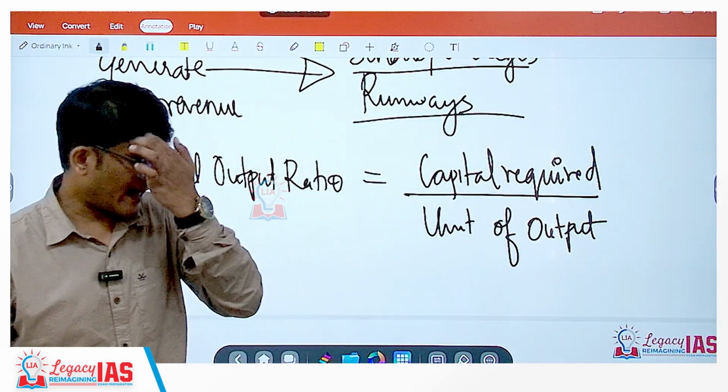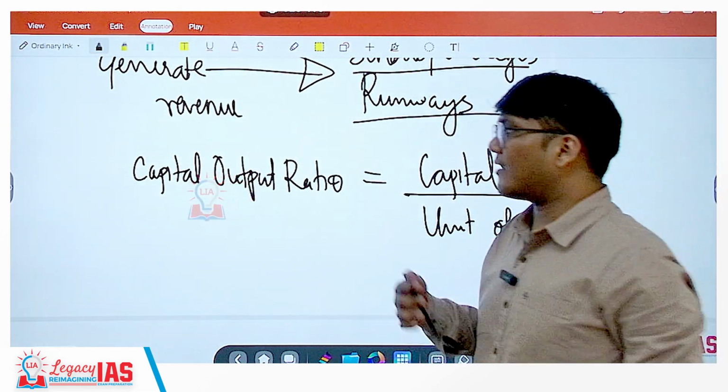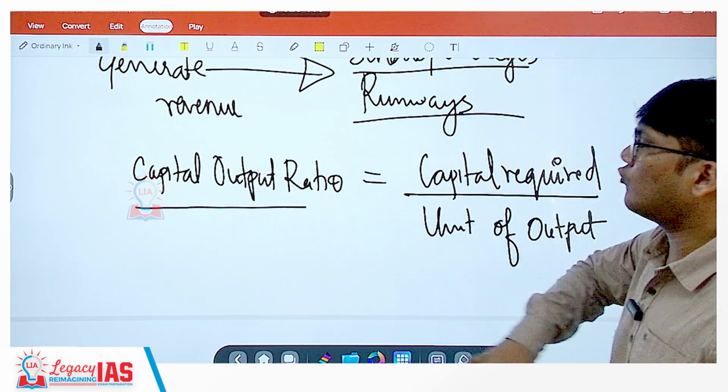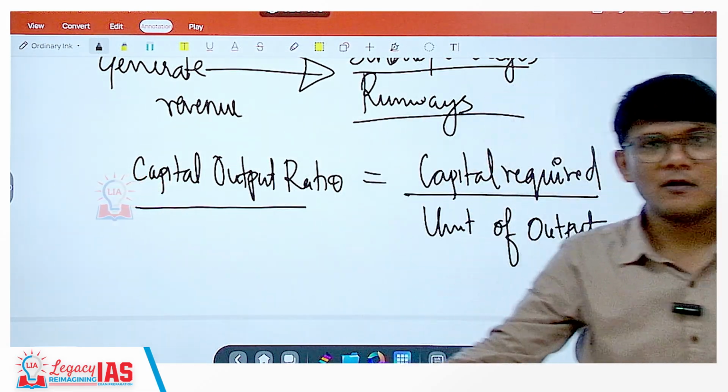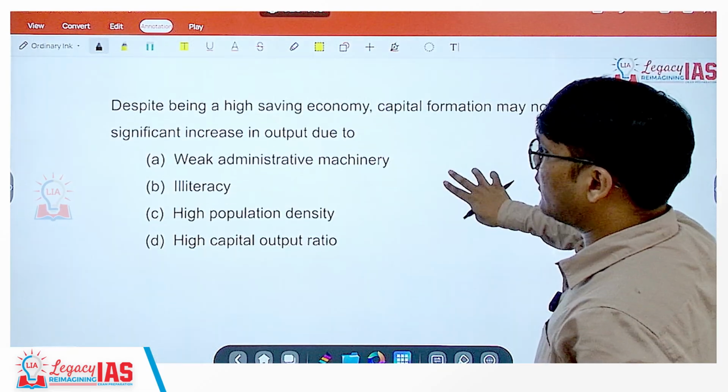If you want an output of X amount, and the capital required is high, then the capital output ratio will be high. So you will require more capital for a small amount of output. Remember that. Now let's look at the question.